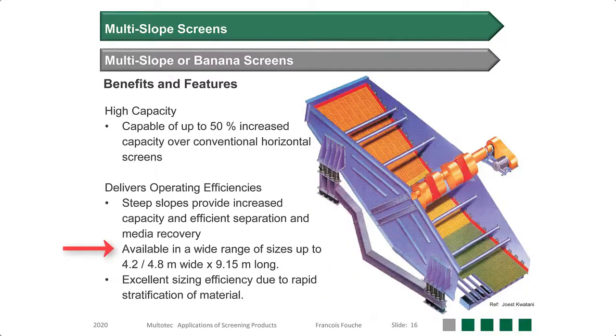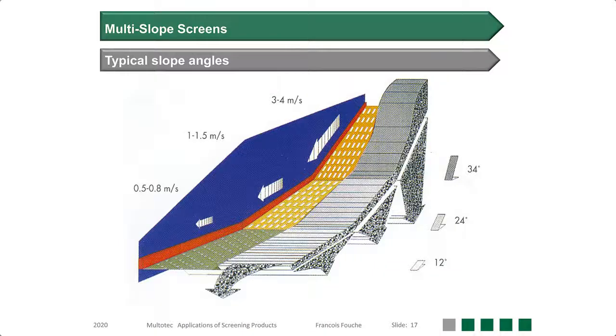If you travel to the large iron ore mines in Western Australia and to the large copper mines in South America, you're likely to encounter 4.8 meter wide multi-slope screens. We spoke about rapid stratification and a low material discharge bed. This is all made possible by the high material travel velocities, which in turn is a result of the steeply inclined slopes at the feed end.